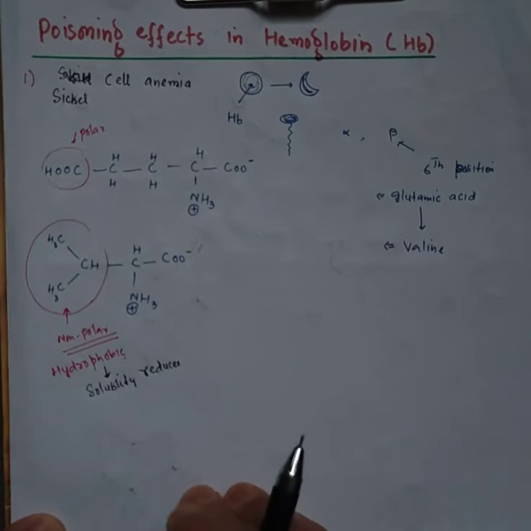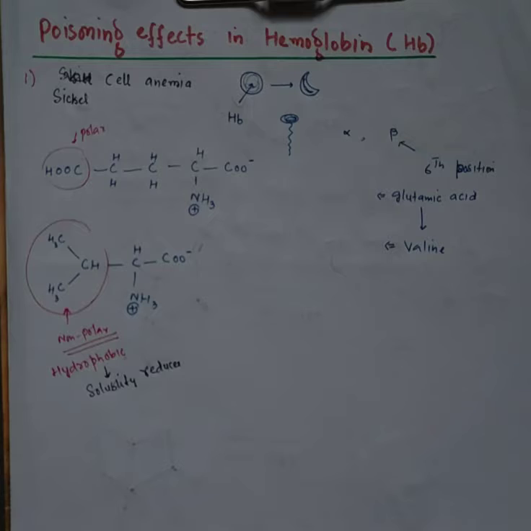So what does it mean that the solubility reduces? When the solubility of hemoglobin reduces, it results in a blockade in the flow of oxygen supply. Because of this low solubility, the blood supply doesn't reach properly, and the oxygen transported with the help of hemoglobin doesn't reach the organs properly, and finally it leads to death. That's fatal. Now this is our number one.